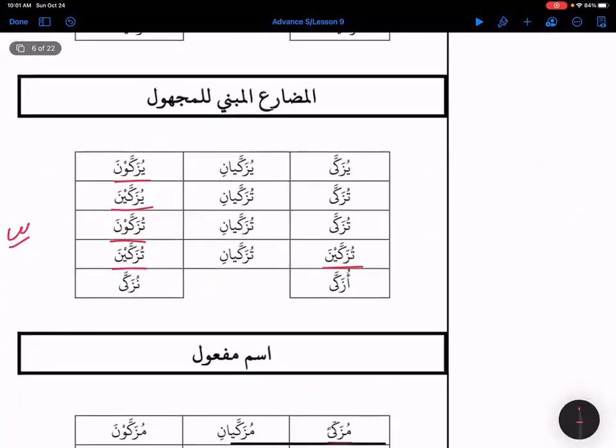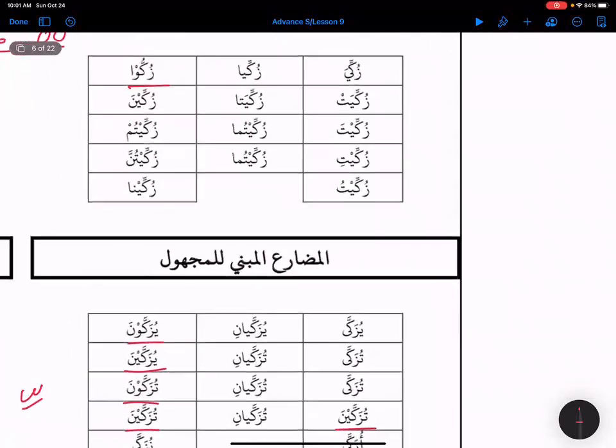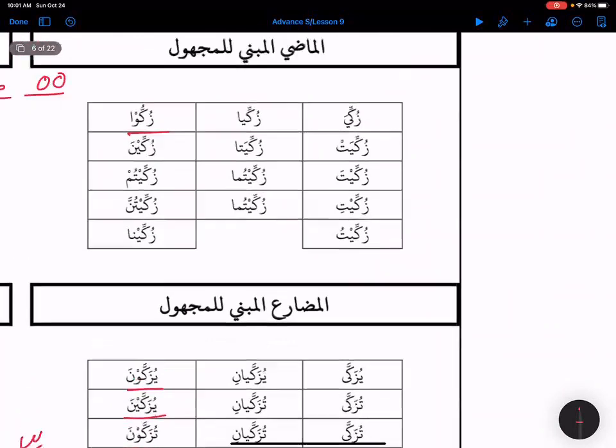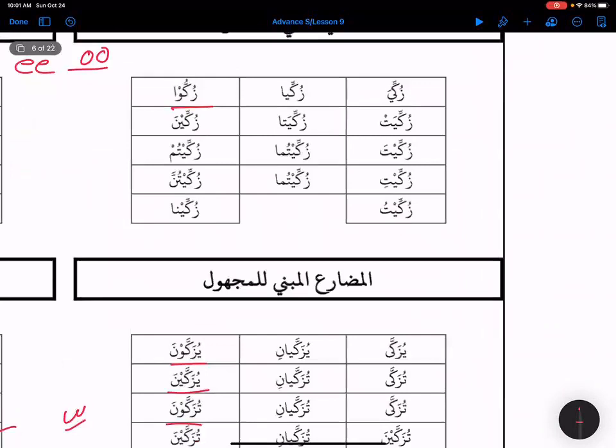Okay, so now majhul. That is going to be a tongue twister for you, Saidul. So let me do it. Madi majhul will be zukiya. We will see that the ya in Mudaria, sorry, in majhul, is more seen over here because of the U and E sound.